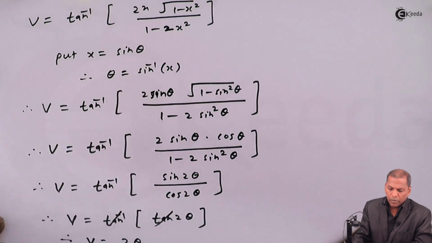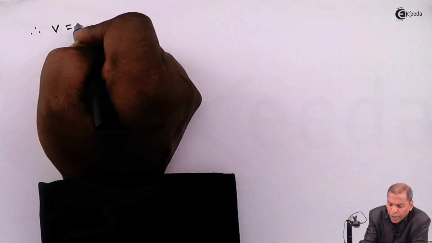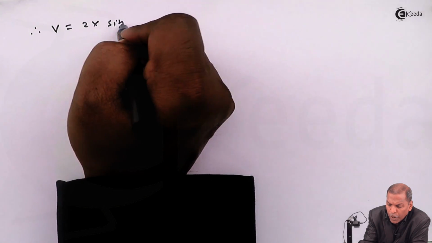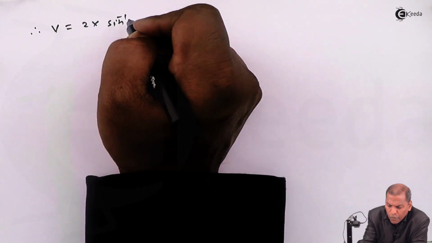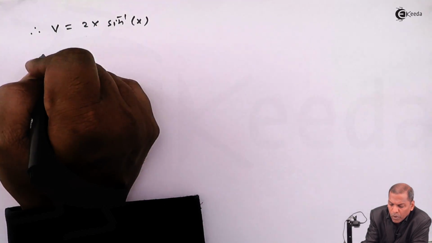Now for theta, we write sin inverse of x. So v is equal to 2 into sin inverse of x.